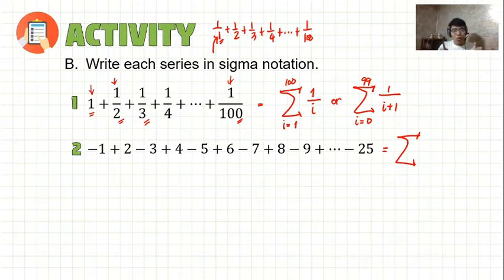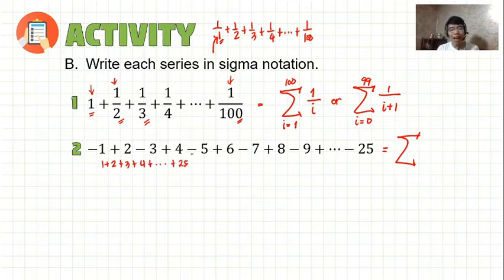From 1, 2, 3, 4, 5, 6, 7, and so on. If I disregard those negative signs, suppose I have 1 plus 2, plus 3, plus 4, and so on until plus 25.